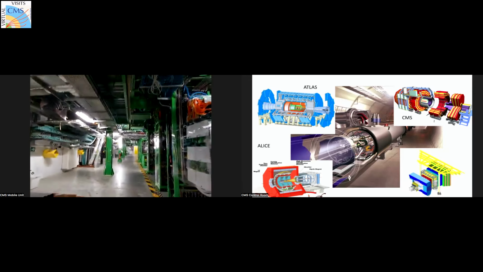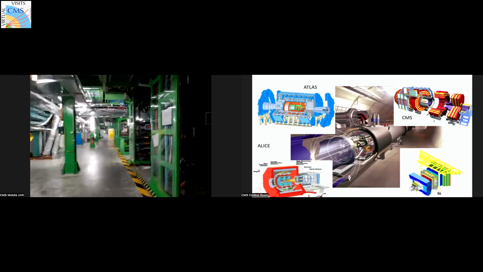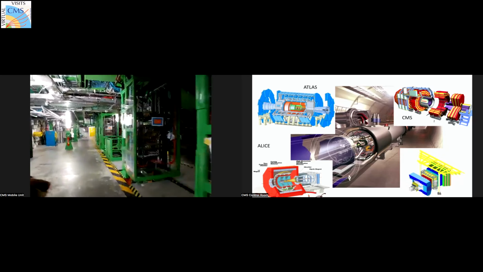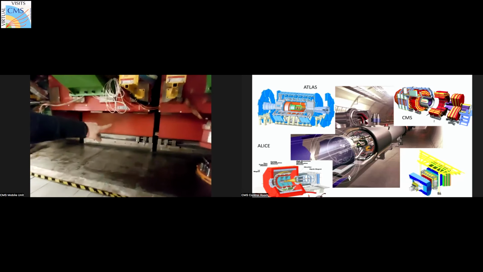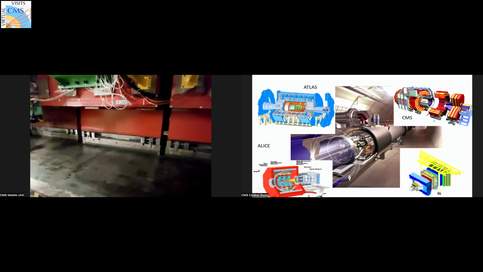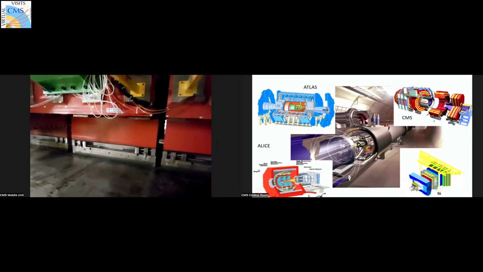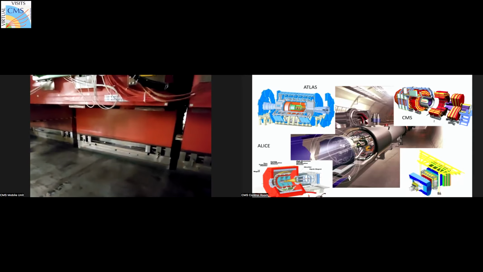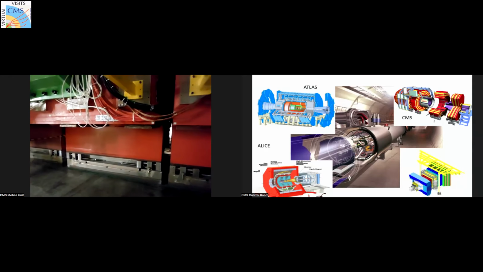It's 14,000 tonnes. Yeah, exactly, 14.5. Some other sources tell about 12,000. So this is heavy. What we used to say is that this is approximately twice as heavy as the Eiffel Tower, and twice as heavy as the Atlas detector, which is twice as big in each direction, so 8 times bigger in volume.